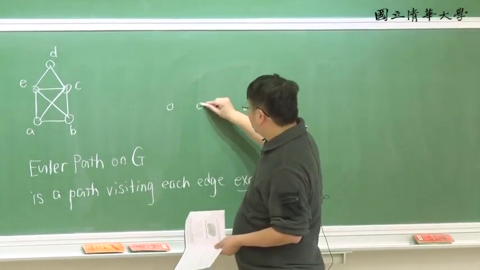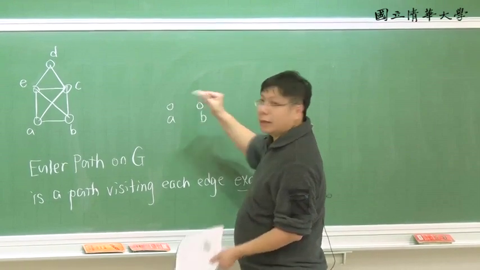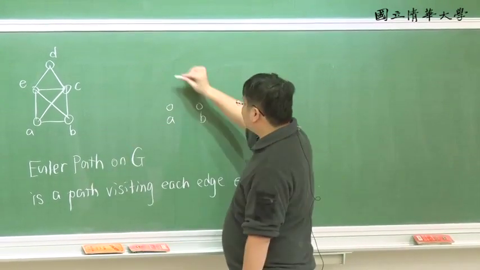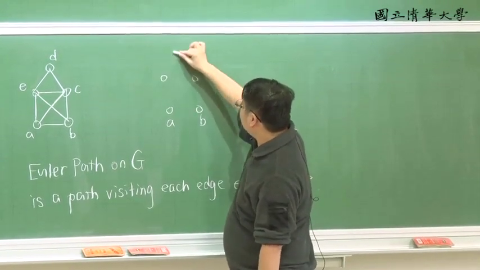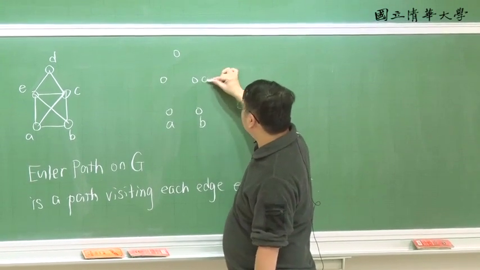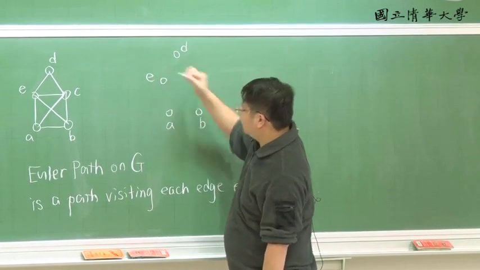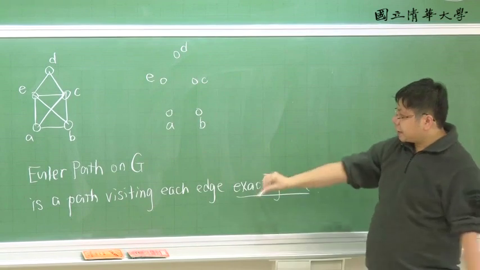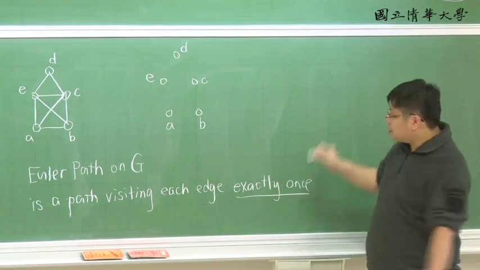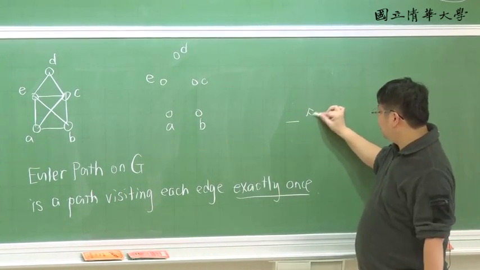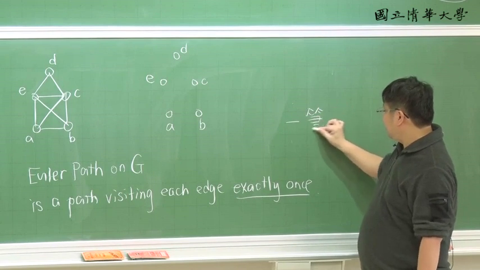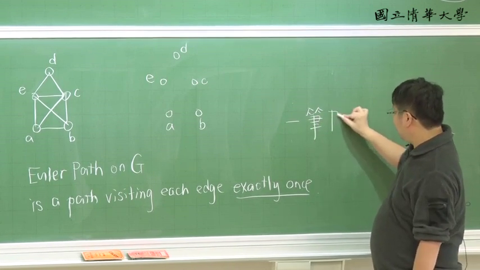Let's see. Suppose this is the graph that we have, with A, B, C, D, E. If this is the case, then in Chinese we call it Yi Bi Hua.